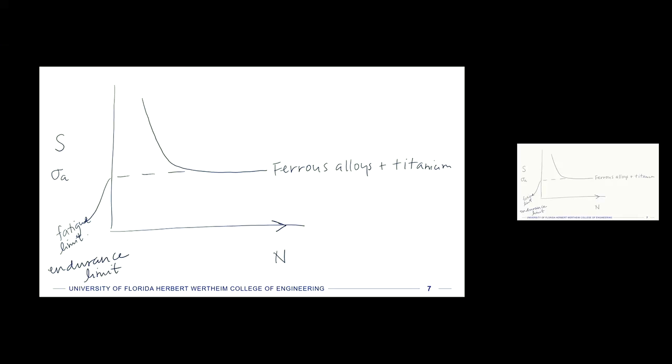However, for non-ferrous alloys, I'll draw another curve like this. It never hits that asymptotic section. So the curves don't do that. They just continue to decrease. I mean, they have a small slope there, but they just continue to decrease. And so we cannot say that non-ferrous alloys have a fatigue limit. However, we can say they have a fatigue strength at some number of cycles.